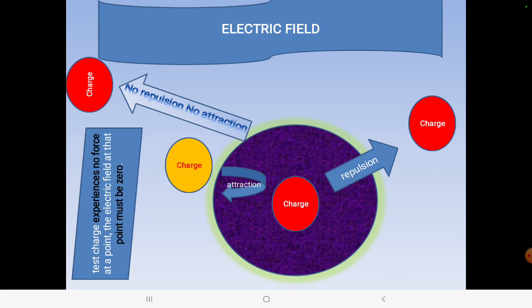If any other charge comes near, it is as if the charge says, no, it's my area, you should get out from here. It shows its influence into a particular range only.